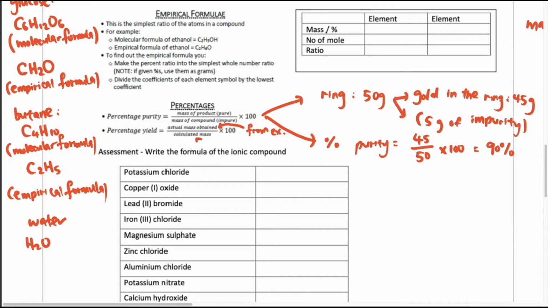Calculated mass is through calculation. Through what kind of calculation? For example, we look at the chemical equation and we calculate the mass accordingly based on the ratio. So calculated mass at the bottom is theoretical value.